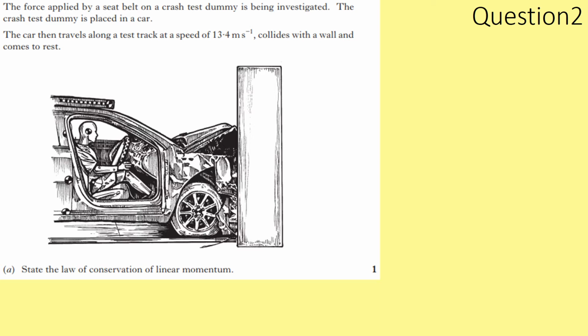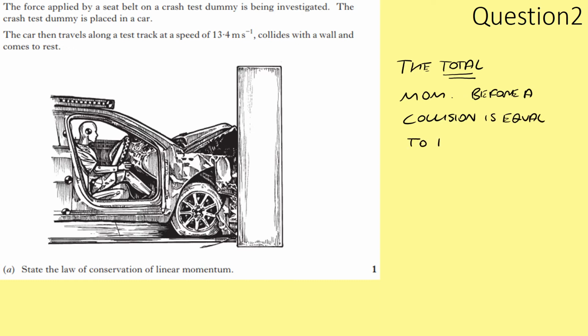Okay, so the law of conservation of linear momentum has two parts. First of all, we say that with any closed system, the total, and you have to have the word total, the total momentum before a collision is equal to the total momentum after.